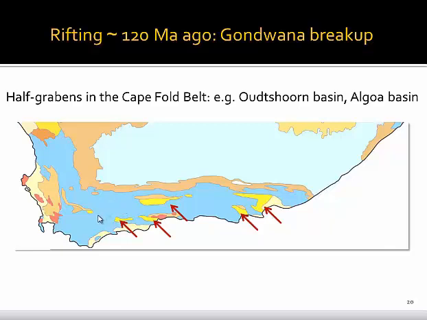It was then contracted during crustal shortening, and this happened during the formation of a foreland thrust belt. And then rifting took off the interior part of this large South Gondwana margin orogen and has formed the Indian Ocean and these extensional basins in the interior of the Cape Fault Belt.